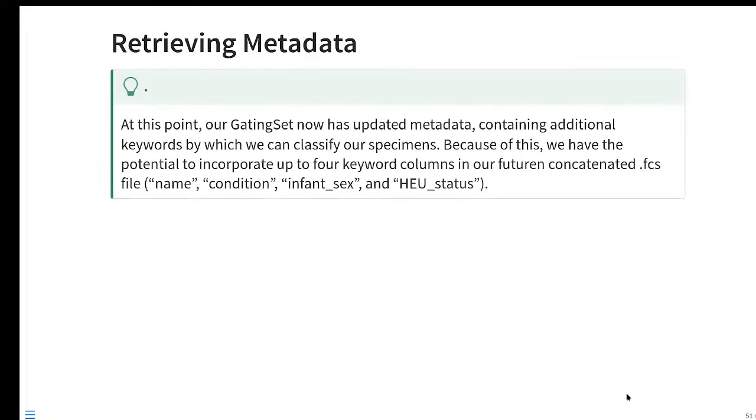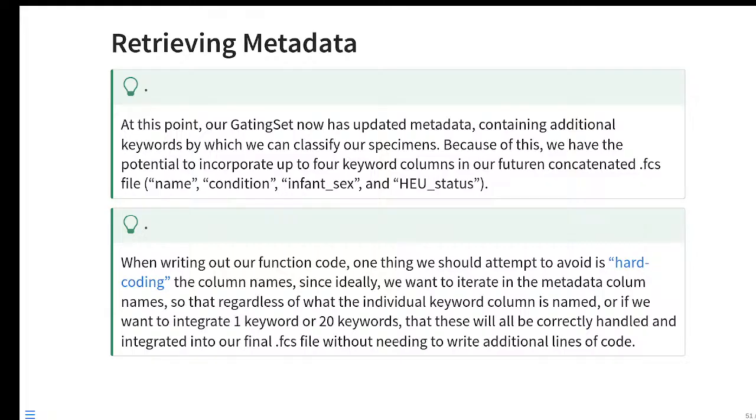At this point, our gating set now has updated metadata containing additional keywords that we can use to classify our specimens. Because of this, we have the potential to incorporate up to 4 different keyword columns in our future concatenated file. We can use name, condition, infant sex, or the HIV exposure status. As we set up to write our function code, one thing we should try to avoid is hard coding the column names in.